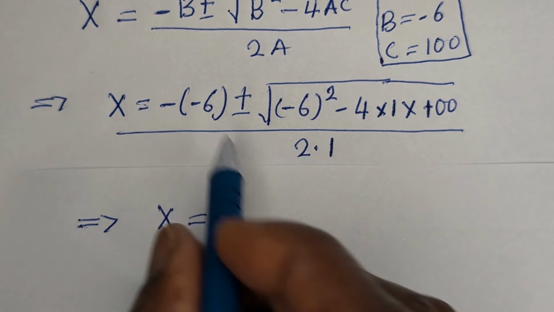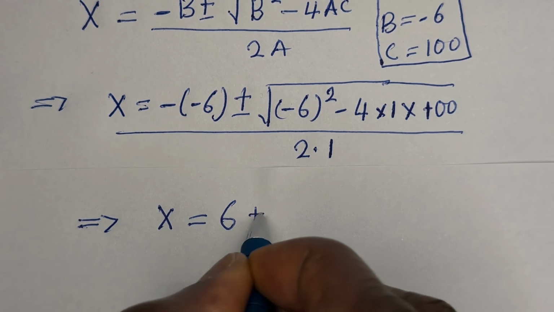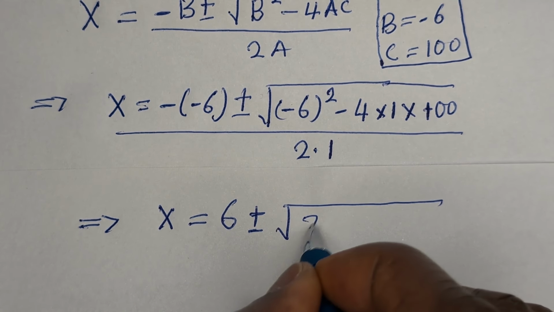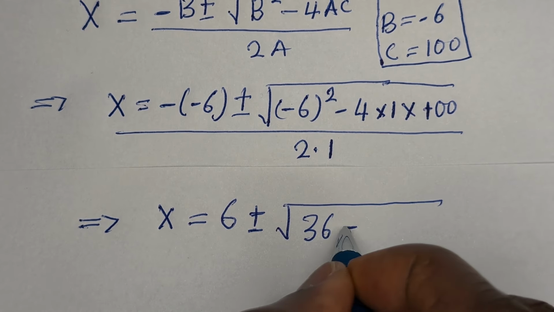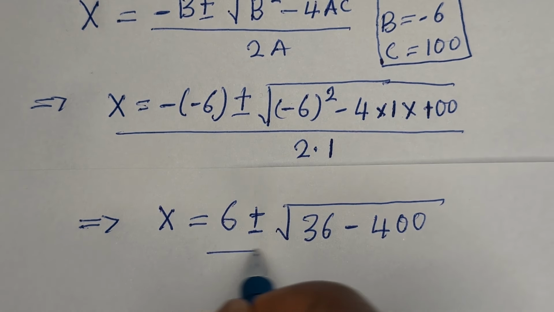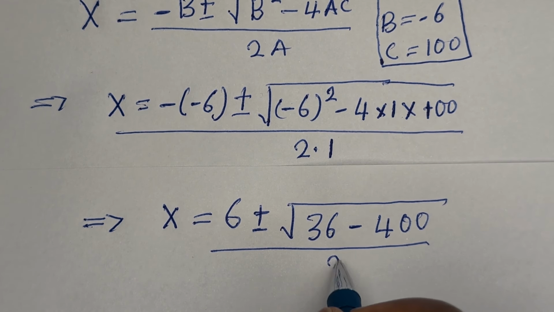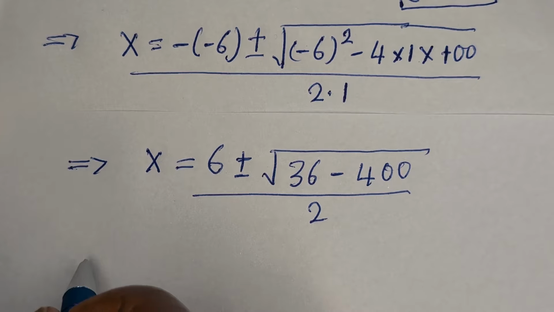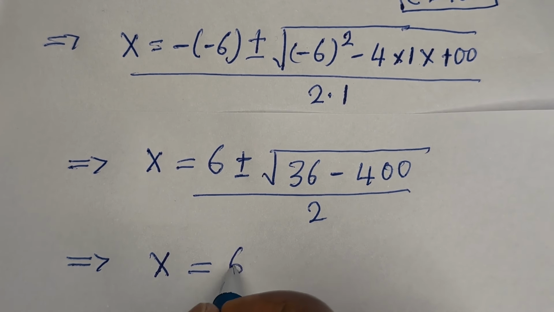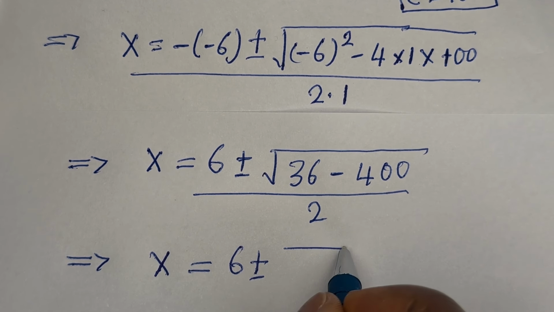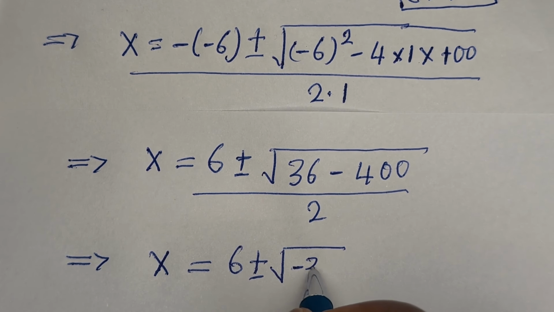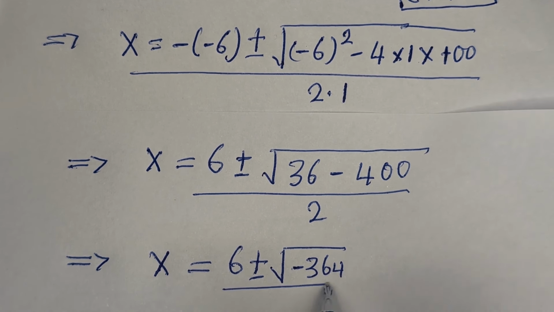s is equal to minus times minus 6, this is 6, plus or minus square root of minus 6 squared, this is 36, minus 4 multiplied by 1 multiplied by 100, that is 400, over 2 multiplied by 1, which is 2. s is equal to 6 plus or minus square root of 36 minus 400, that is minus 364, over 2.